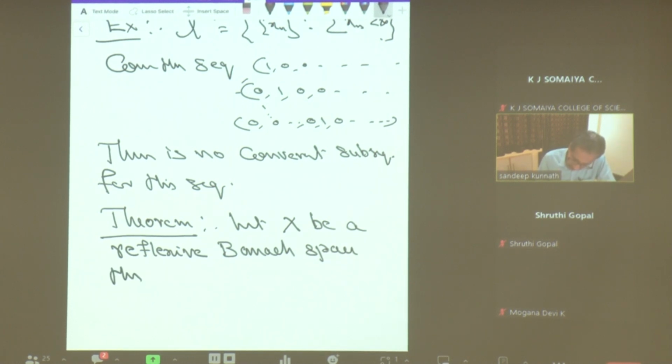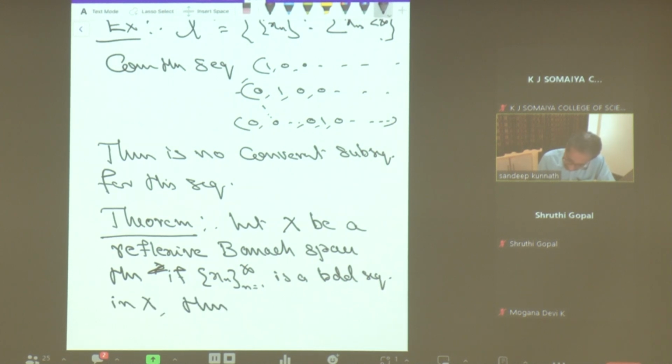Then, if Xn, n equal to 1 to infinity, is a bounded sequence in X, then it has a weakly convergent subsequence.